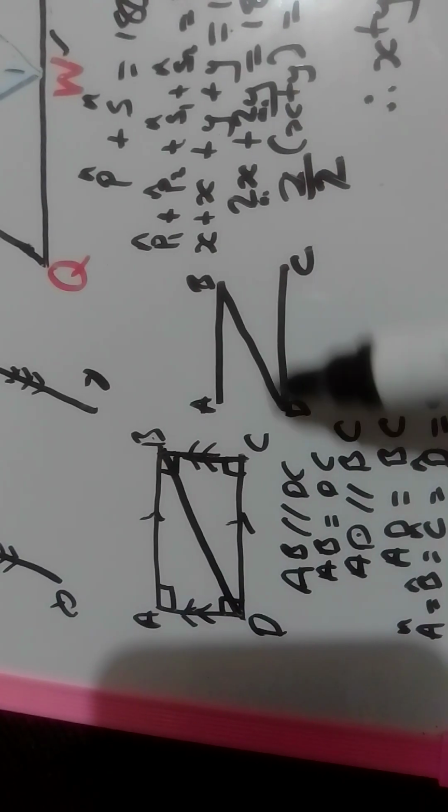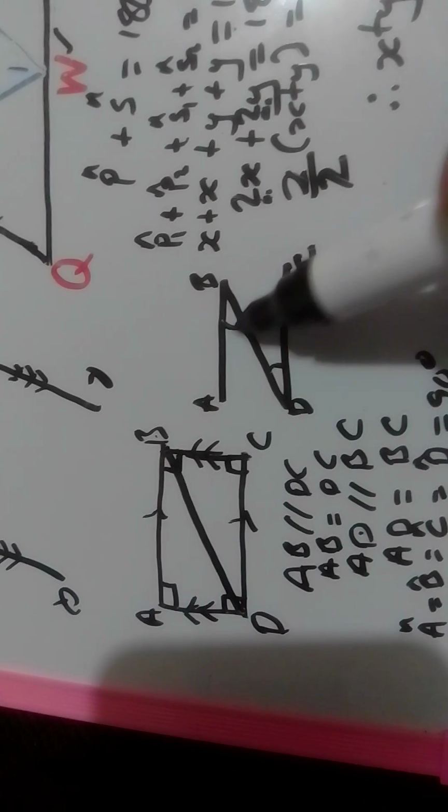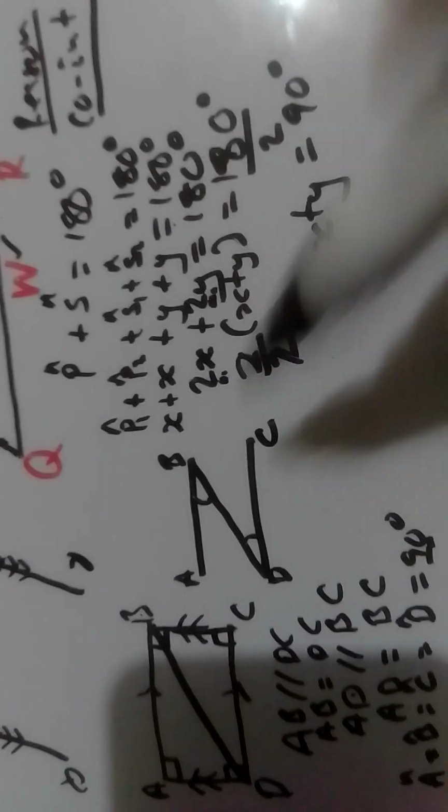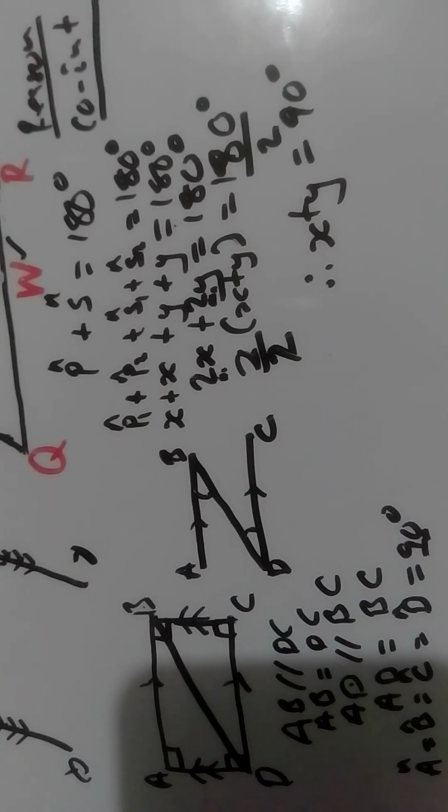I get Z angles here. Others, if you do this, they get the N angles, right? And here, don't forget that AB is parallel to DC.